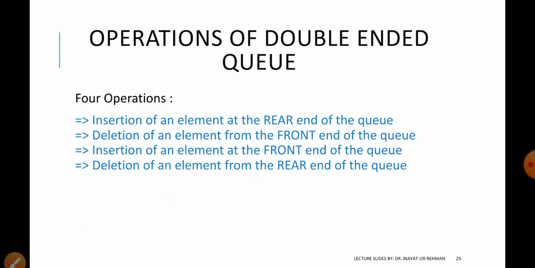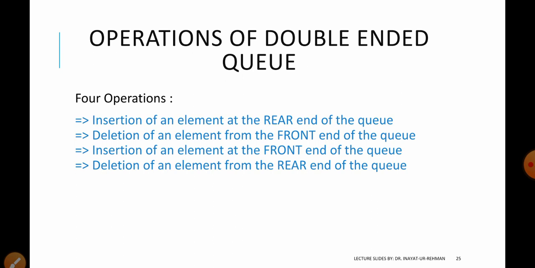So the common operations of double-ended queue are these four operations: insertion of an element at the rear end of the queue, which is the same as an ordinary queue, and deletion of an element from the front end of the queue, which is again similar to the DQ operation of an ordinary queue.